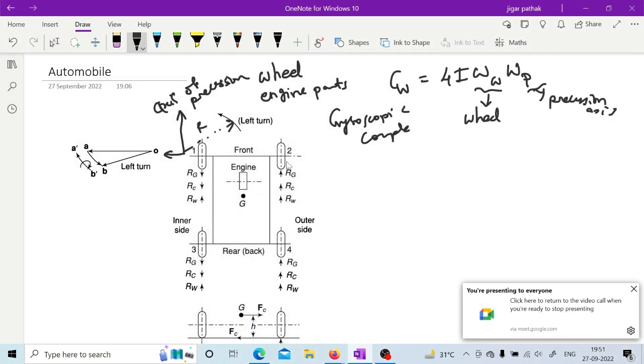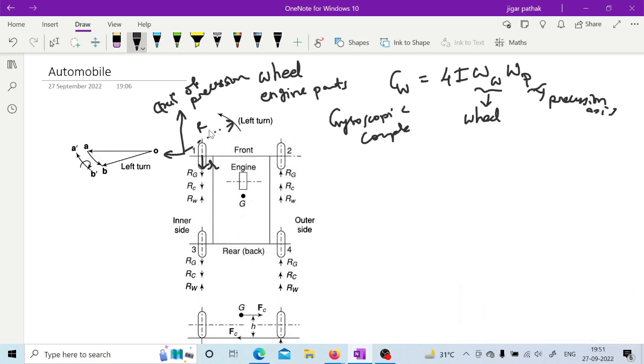And in the case of this wheel, let us say the wheel radius is small r, and the radius of curvature is capital R. For both omega w and omega p, the vehicle's linear velocity v is going to be considered.